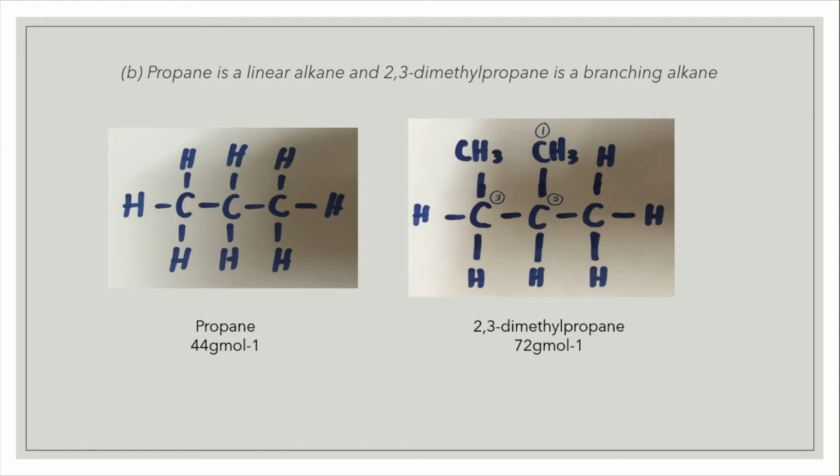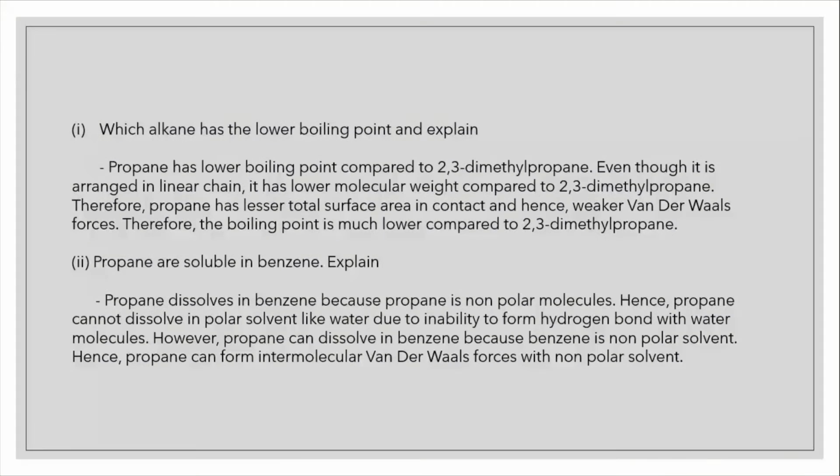So obviously 2,3-dimethylpropane will have a higher boiling point because of greater molecular weight. So in this case, my explanation will be propane has lower boiling point compared to 2,3-dimethylpropane. Even though it is arranged in linear chain, it has lower molecular weight compared to 2,3-dimethylpropane. Therefore, propane has lesser total surface area in contact and hence weaker van der Waals forces.